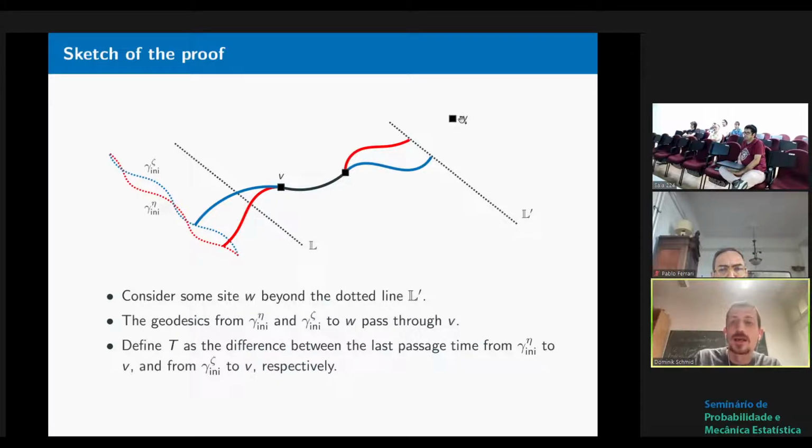So what do I mean by that? Pick some cell or some site omega, which lies above this line L prime, and now follow its geodesic all the way to the red interface and all the way to the blue interface.